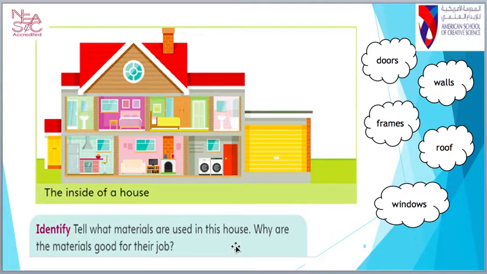So look around the house and tell me the materials that this house is made up of. For example, let me give you an example. I can see a door here, and the door is made up of wood. So now you can look around and look at the objects in the house and tell me what are the materials used for them.